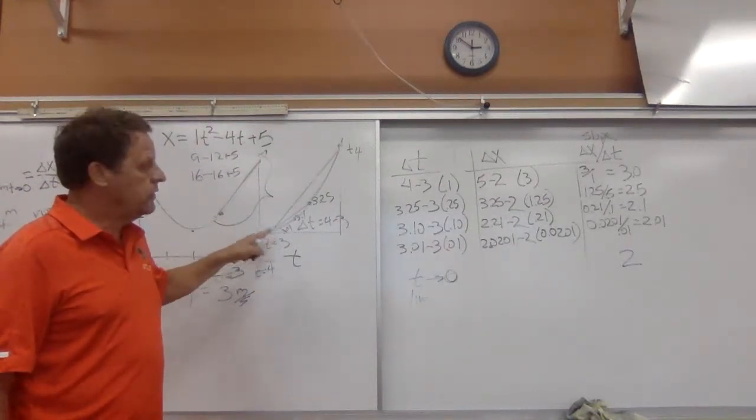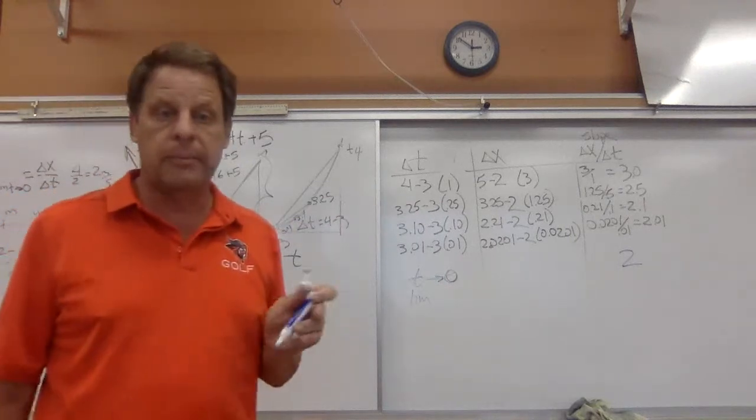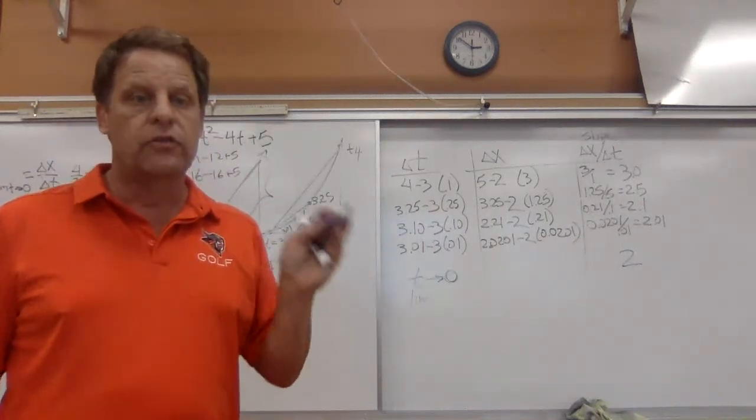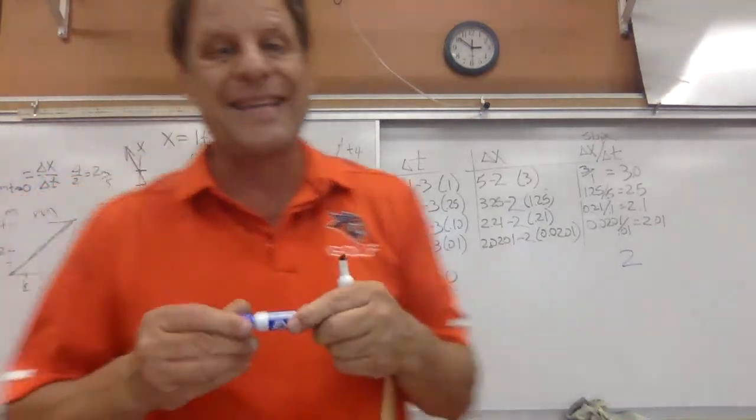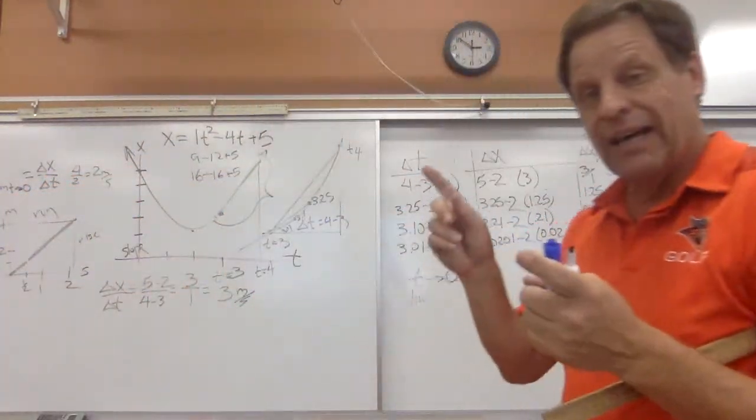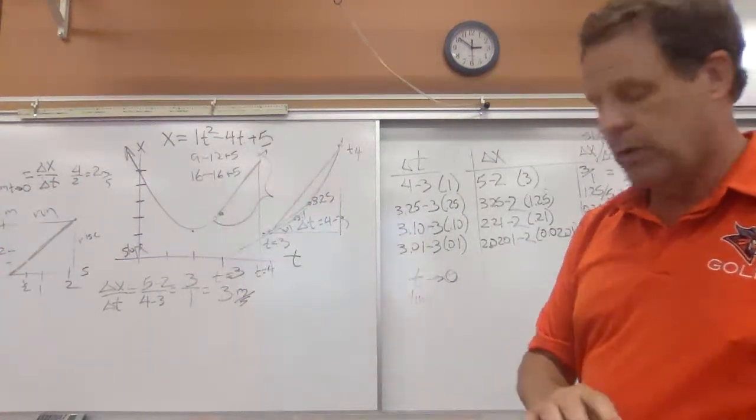And at that point, our slope would end up being equal to 2. So that is the theory behind a differential: we make the time get smaller and smaller and smaller.